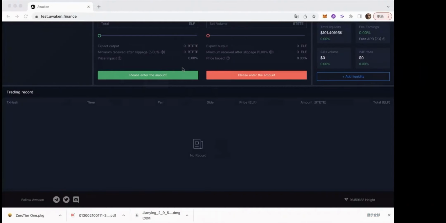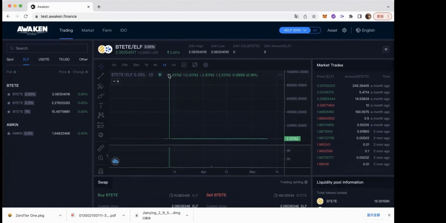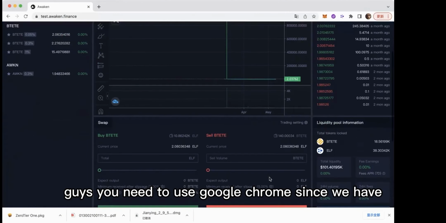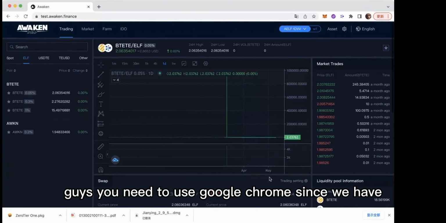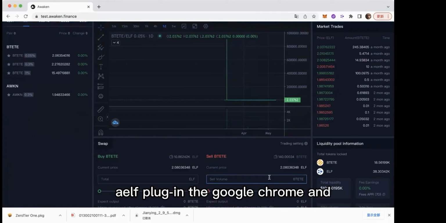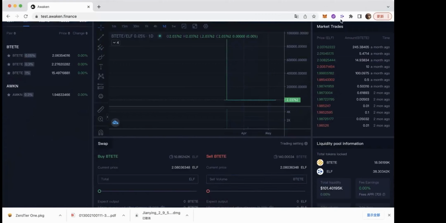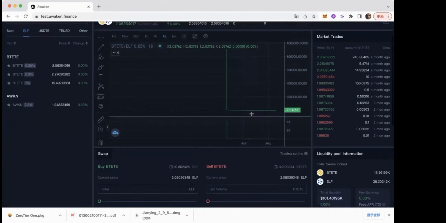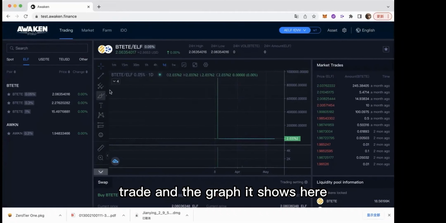By the way, after AwakenSwap is up, guys, you need to use Google Chrome, since we have the aelf plugin in Google Chrome. Once you have the plugin, you can connect your wallet here and see that we trade, and the graph shows here.